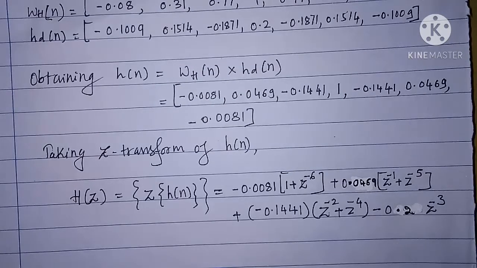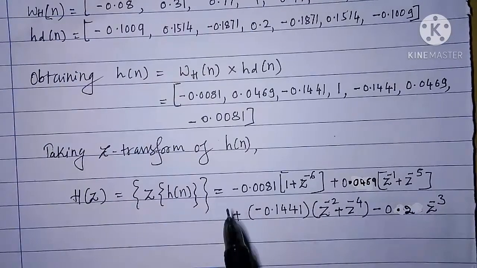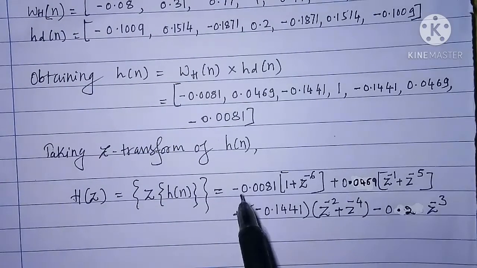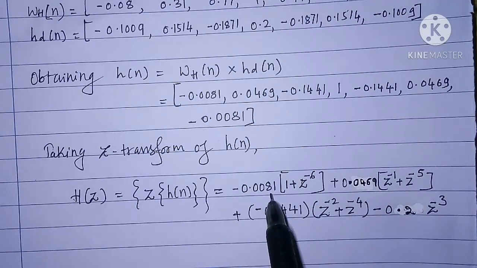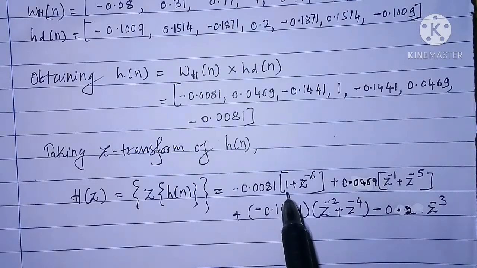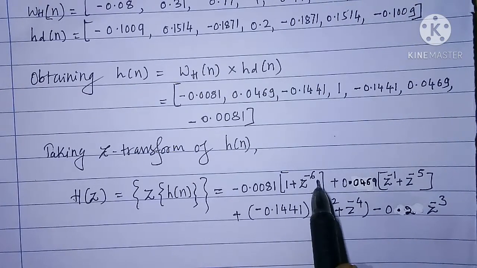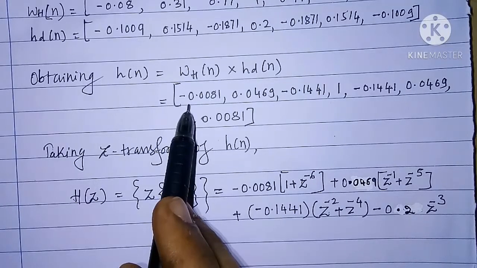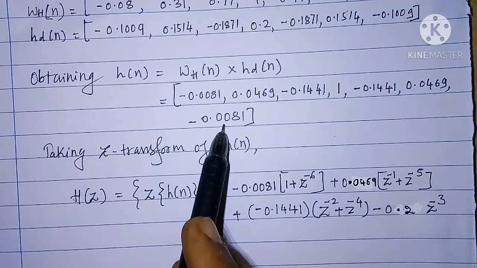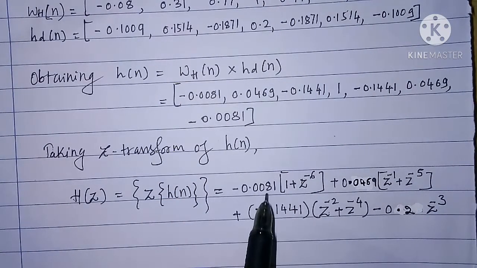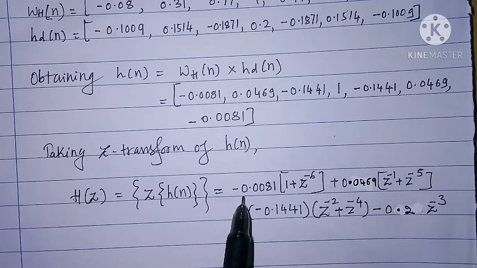After taking Z transform, rearranging the terms, we get H of Z equal to minus 0.0081 into 1 plus Z raised to minus 6, because the 0th sample and 6th sample are equal to 0.0081 with negative sign.